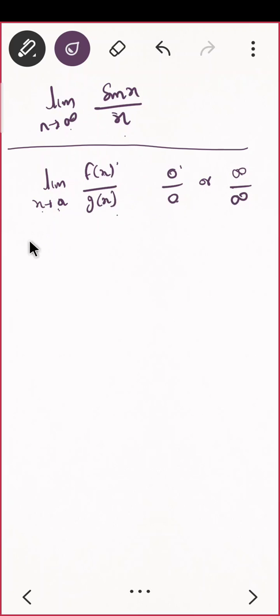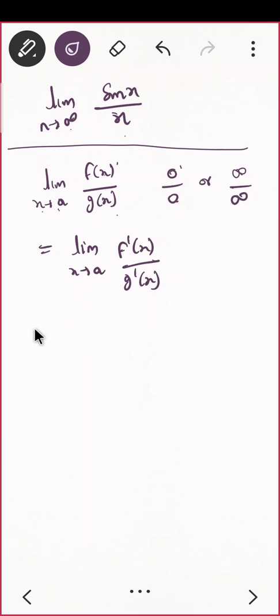Then what you should do, you should take the derivative, then the limit value will be the limit as x tends to a of f dash of x upon g dash of x. This is the rule. I hope you remember.